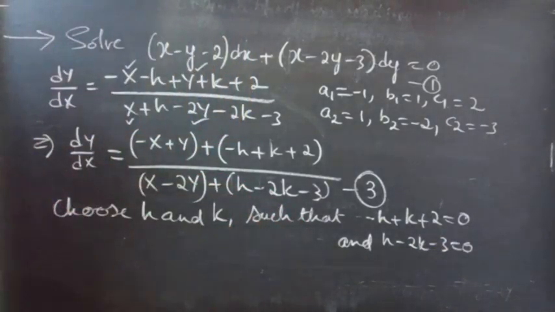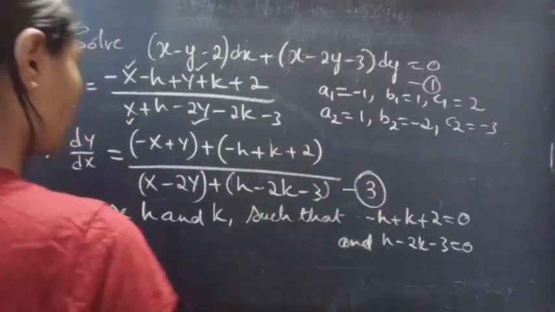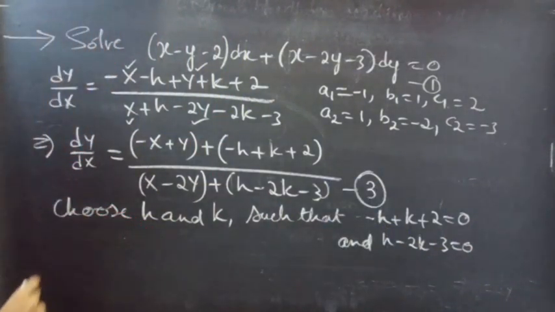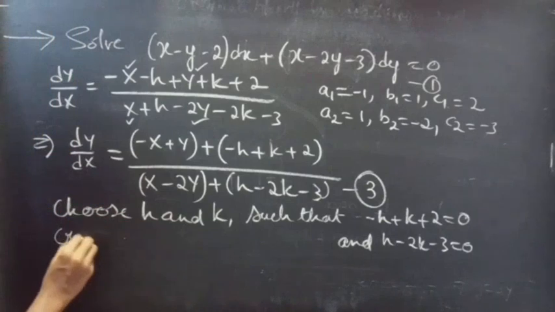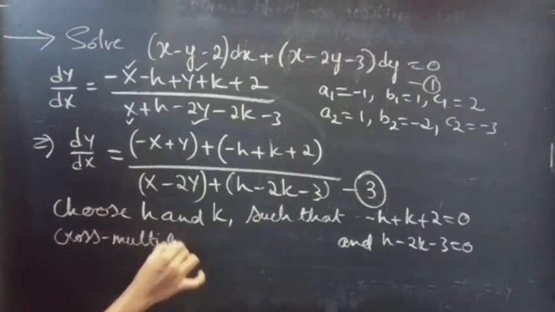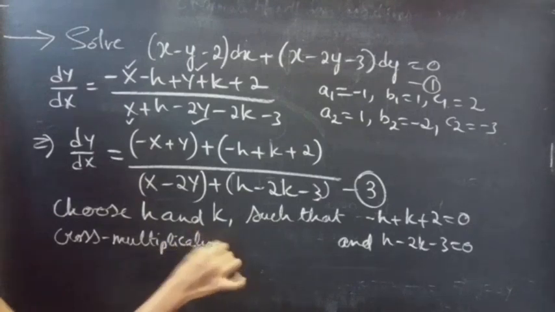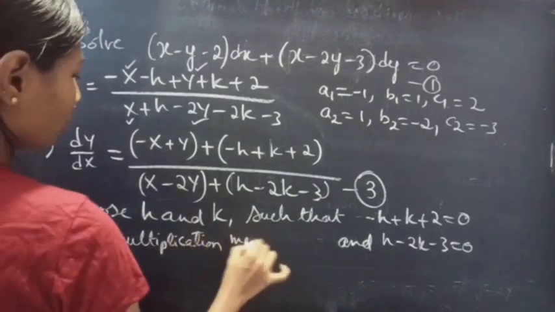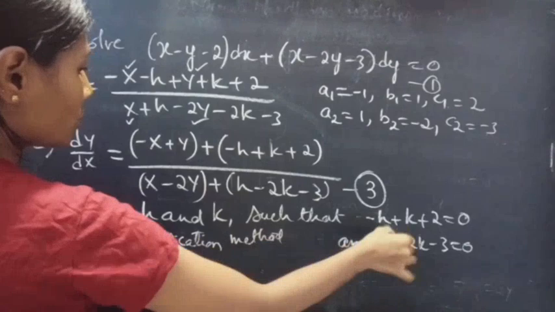So how will you get the h and k values? Simply by solving these two equations. Here we are going to use the cross multiplication method to solve these two equations.